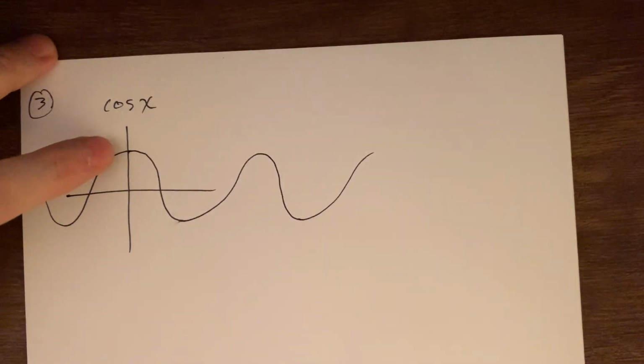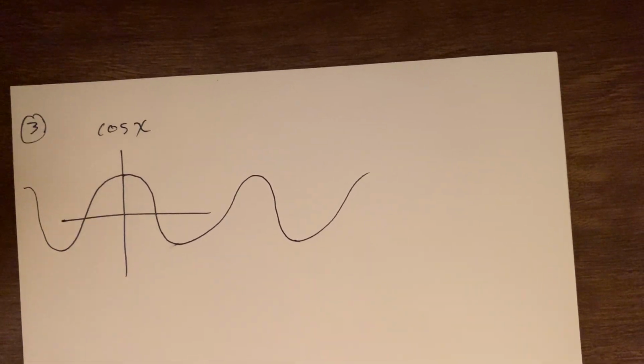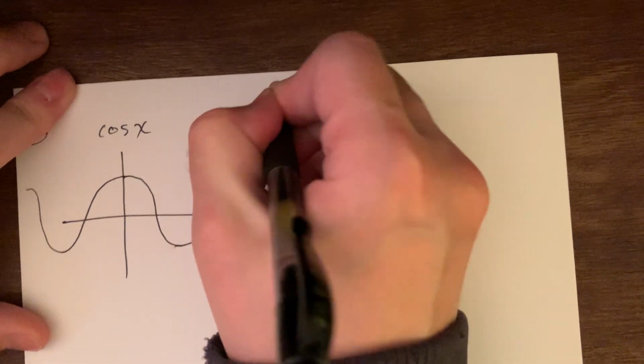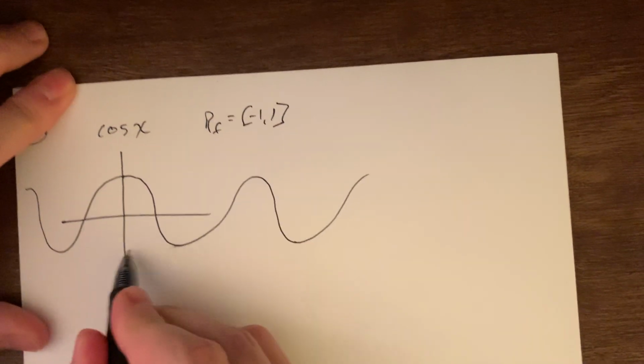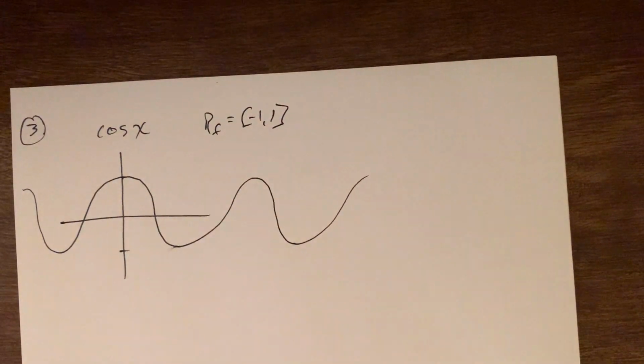Same idea as sine, positive 1 to negative 1 for the highs and the lows. The domain is truly everything, and the range only goes from negative 1 to positive 1, down to negative 1, up to positive 1, and keeps doing that over and over.